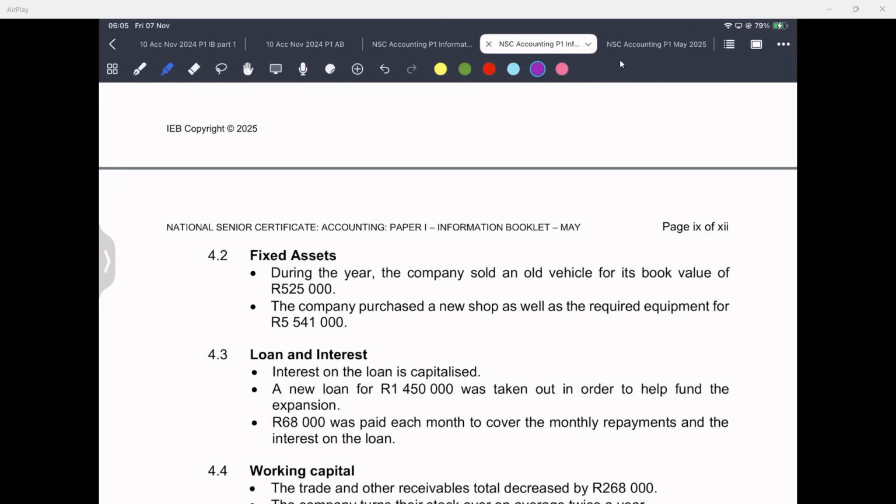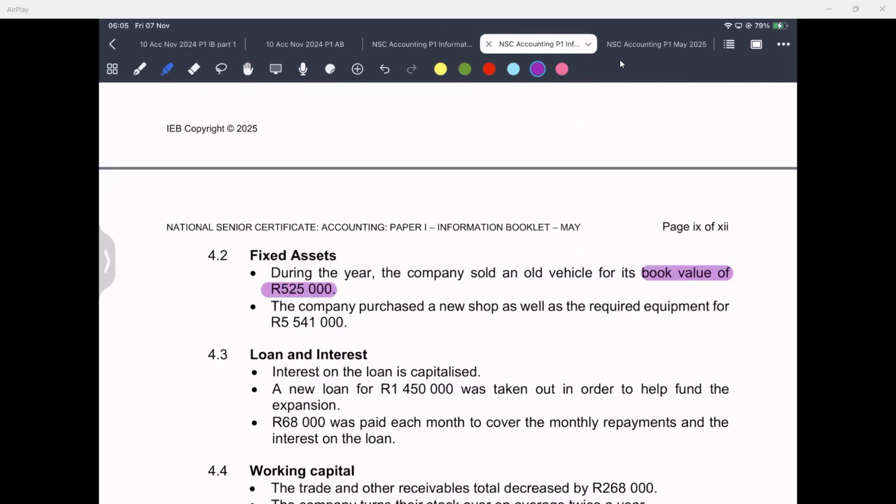So under fixed assets, they just said to me during the year the company sold an old vehicle at its book value of 525,000. Note that if you sold a car or a vehicle or any other asset at its book value, it means that the selling price and the book value will be the same.